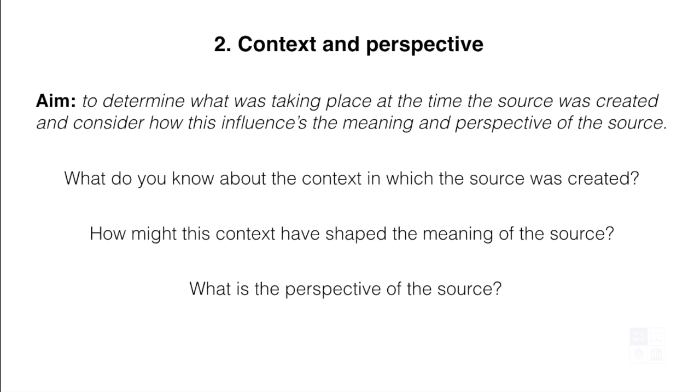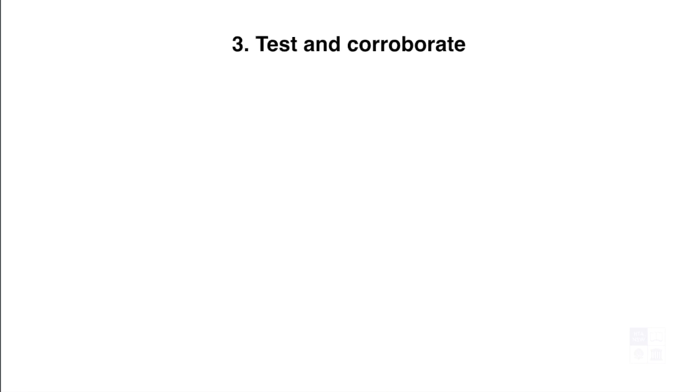One is being able to comment on what the source is saying about the topic, or what its interpretation of the topic might be. But it's also asking you to think about the position from which that interpretation is being made. So it's both of those things. It's what's being claimed, but it's also what position that claim is being made from. Both very important things in considering, I think, the perspective of a source.